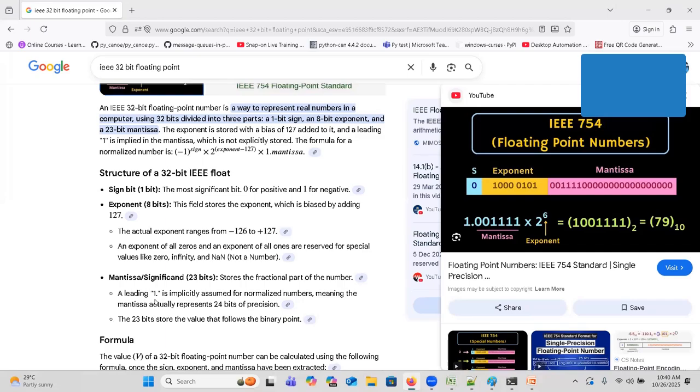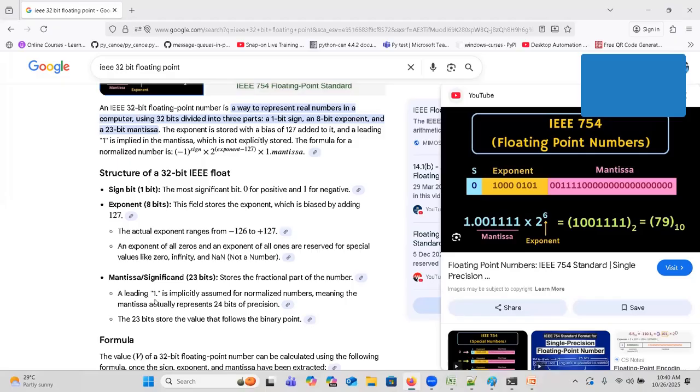Like that, when a microcontroller or microprocessor wants to support floating point arithmetic, they have to write libraries. A floating point library will be there. Using that only, you can do real calculation, that means floating point calculation.